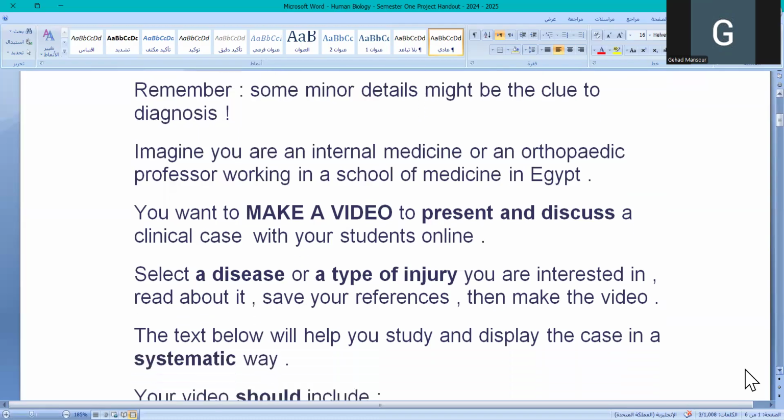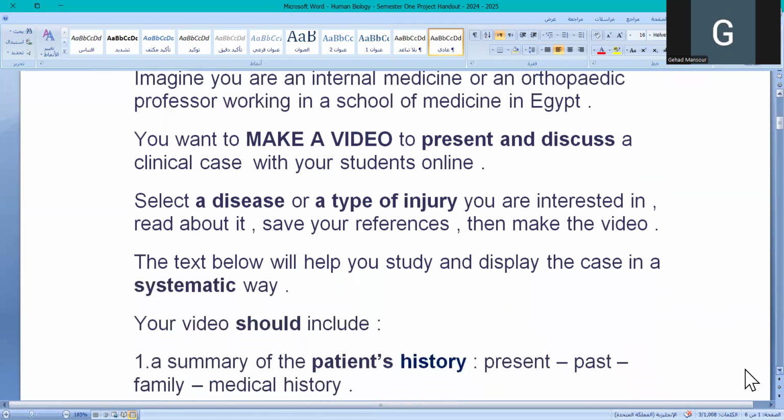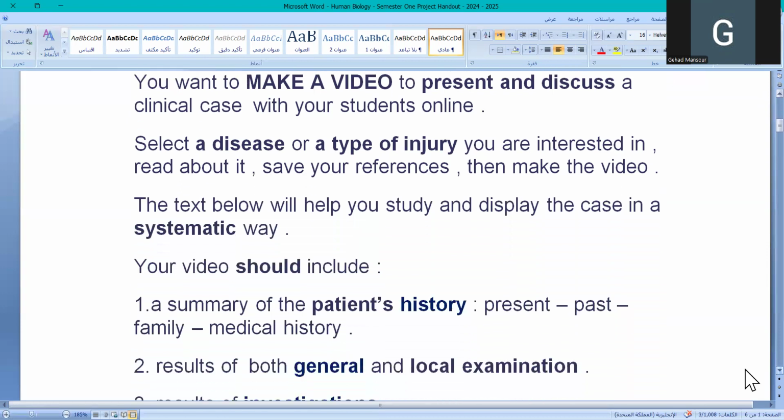The ultimate product of the project will be a video, and in that video, you will be wearing a white coat. And in this video, pictures are required because you might give pictures of the lesion itself.